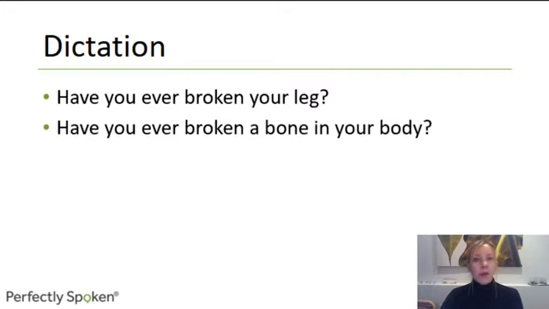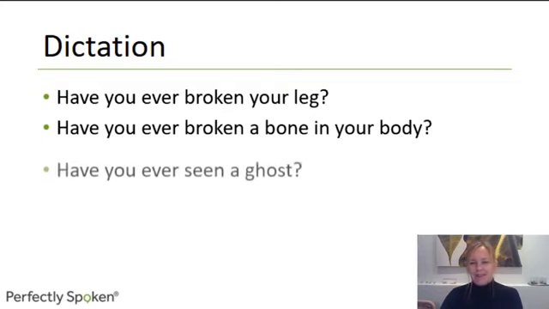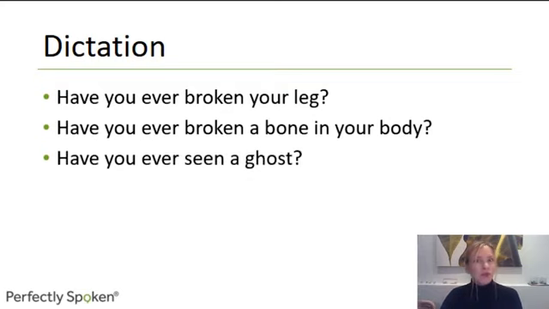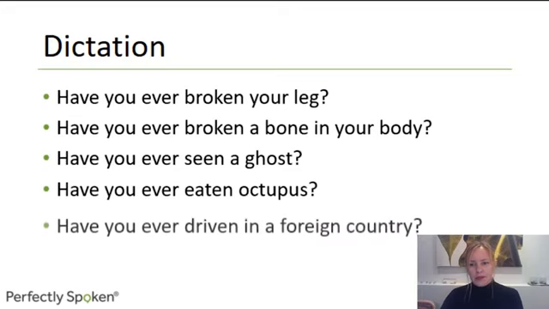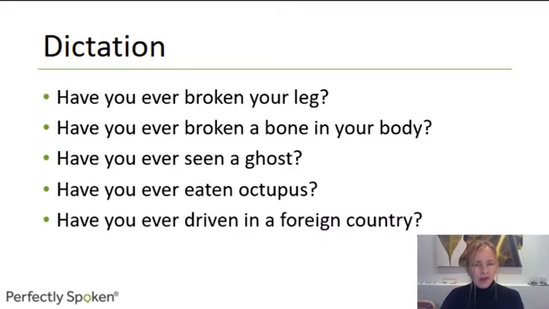Have you ever broken a bone in your body? It's kind of obvious it's in your body, but have you ever seen a ghost? Have you ever eaten octopus? Have you ever driven in a foreign country?